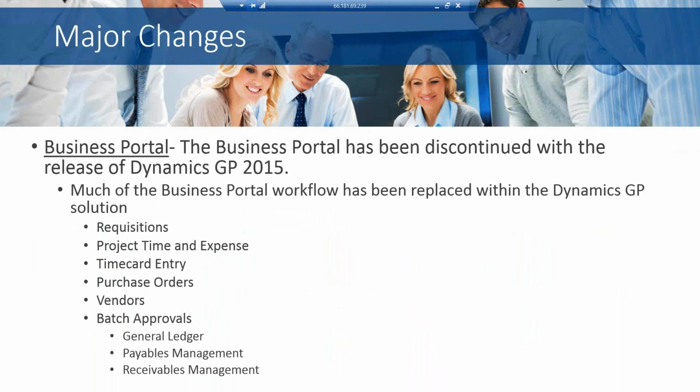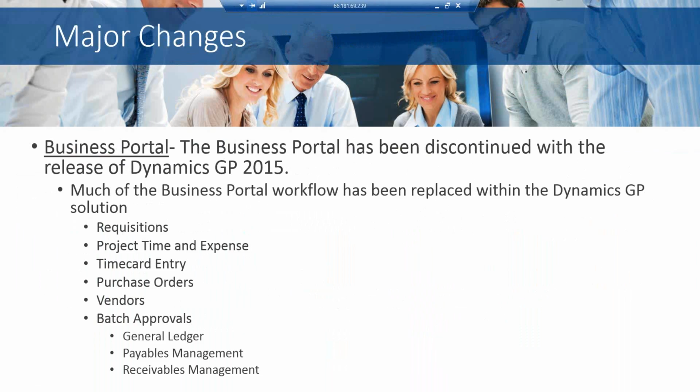So now within Dynamics GP 2015, you'll have the ability to do requisitions, also what's called project time and expense, time card entry that interfaces directly to payroll, purchase order approvals, vendor approval. So think of that as more of a vendor onboarding approach that allows you to have those controls.